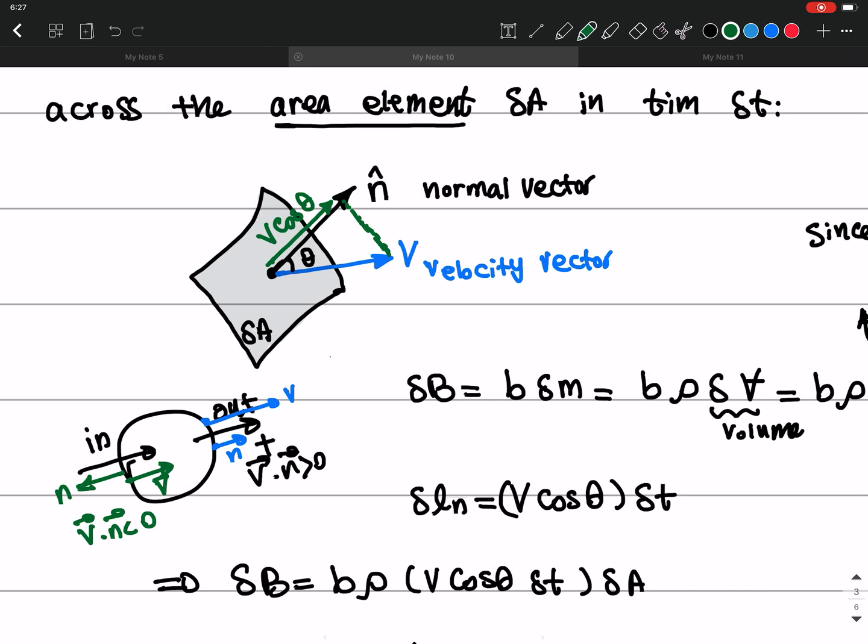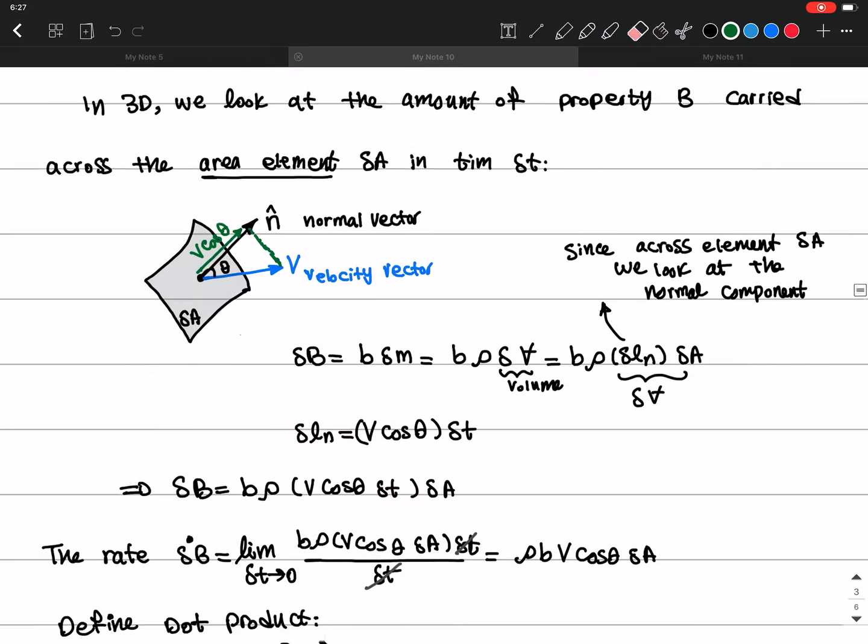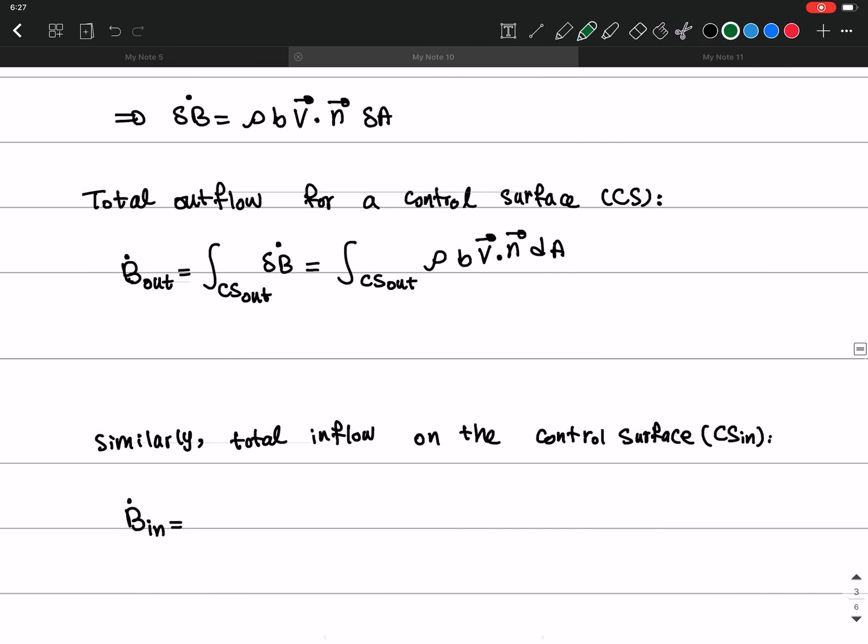So I need to add a negative sign for an inflow. Let me write it down here. So it's minus the integral over the control surface in of rho B V dot N dA, and this is the convention we have.